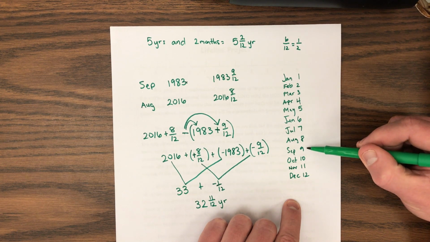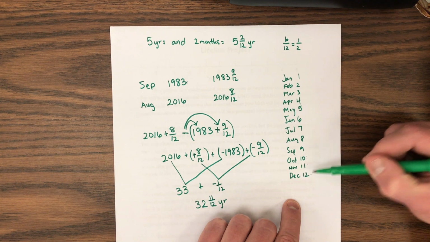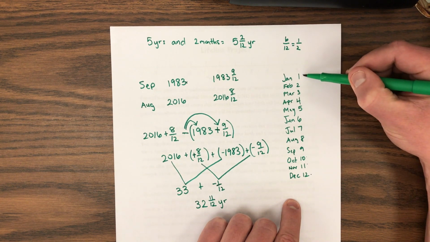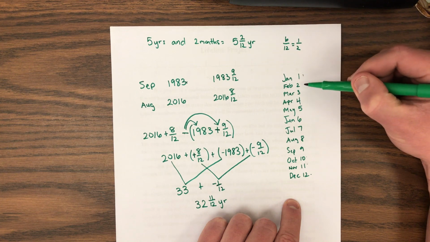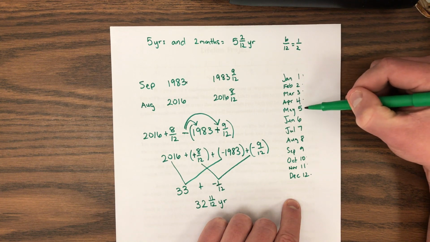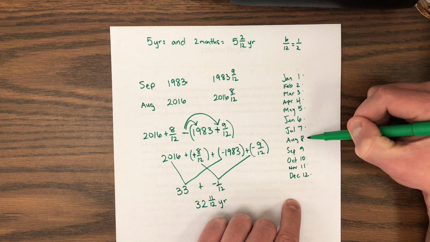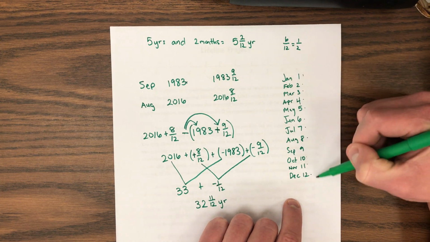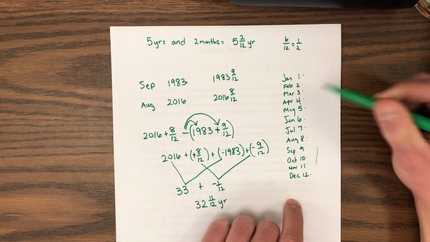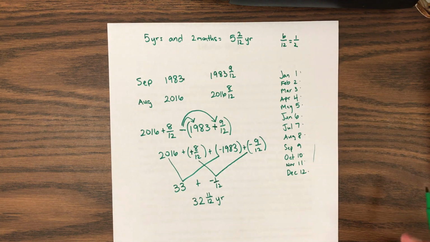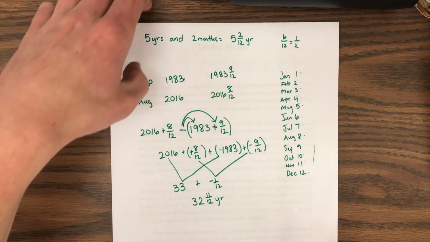If I was at September 2015, I would need to go 1, 2, 3, 4, now I'm in January 2016, 5, 6, 7, 8, 9, 10, 11 to finally get almost all the way back around the full year to get to August 2016. That's another way you could do it.